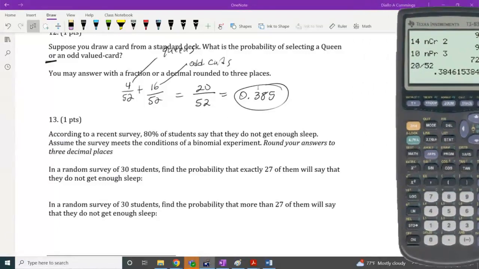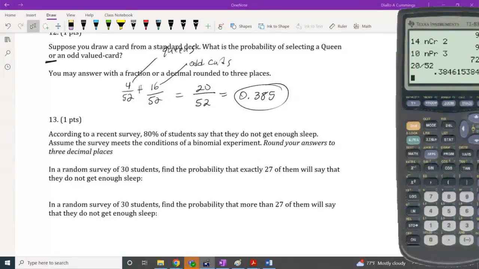In my opinion, number 12 was about the most involved problem, because you may be tempted to multiply, but just find the probability of both and add them together.